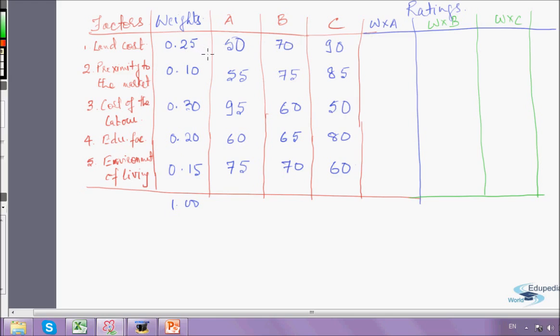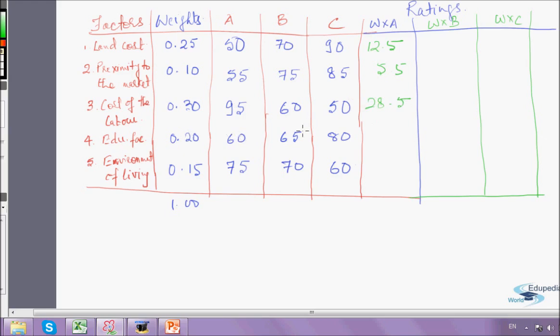We have the first value as 0.25 multiplied by the first value, which is 50, and that happens to be 12.5. The next would be 55 into 0.1, so that is 5.5. Next would be 95 multiplied by 0.3, and that is 28.5.